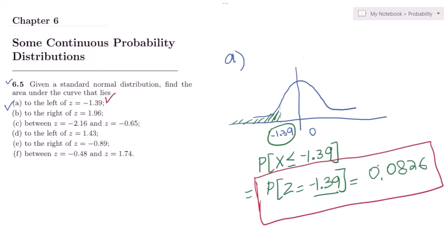So you have understood how to use the z table, and this is the area to the left of it.